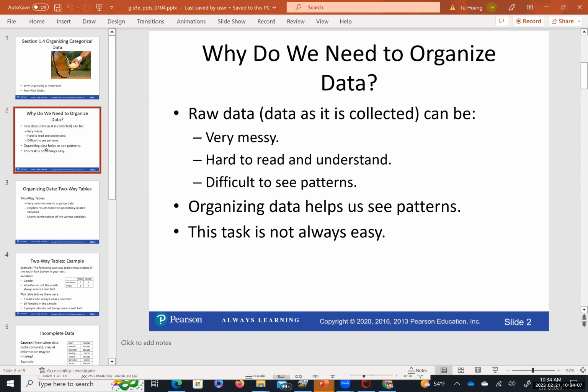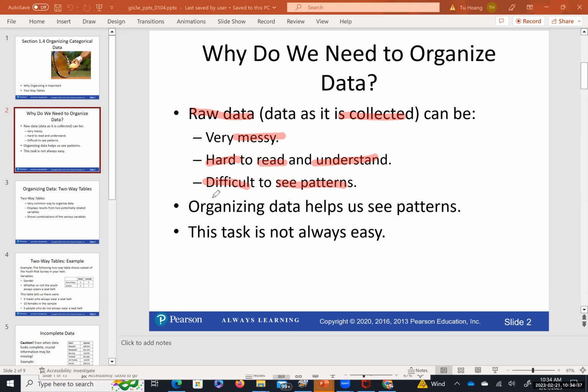Okay, so why do we need to organize the data, right? First, raw data is the data that you just collected. It can be very messy, right? And it's hard to read and understand, and also it's difficult to see the pattern, right?